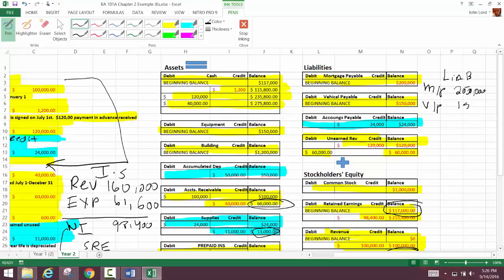Finally, this whole exercise got entertaining, right? Look at this stupid thing. Okay, 150,000. Okay, then what? Accounts payable is a liability? 24,000. It's always got to be something, doesn't it? Okay. And any other liabilities? Unearned revenue.